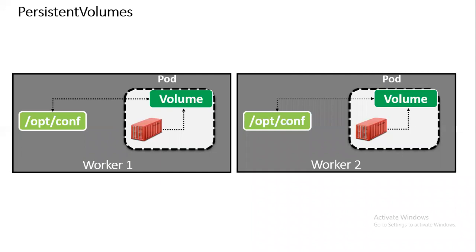Okay, so as the name says, persistent means it is the same. So when you take any machine, when the pod is getting created, regardless of the machine within the cluster, you should be able to get back the same volume and the same content inside the container.